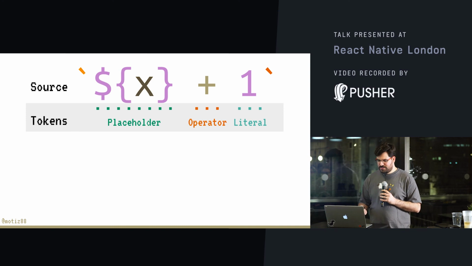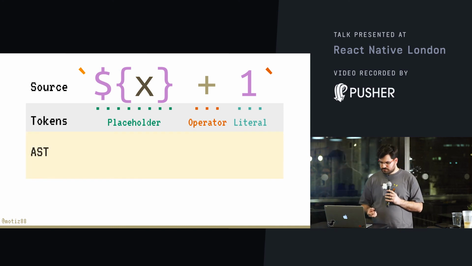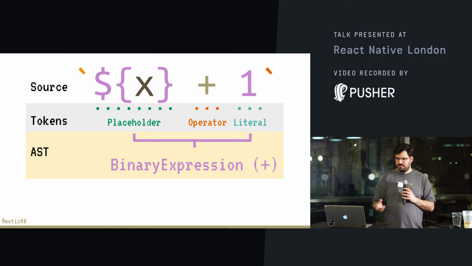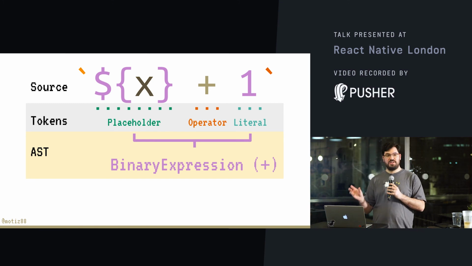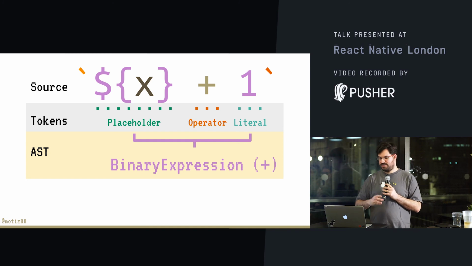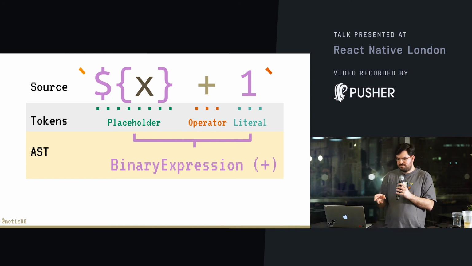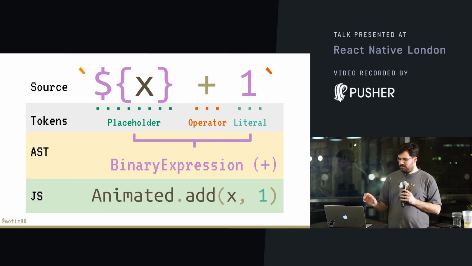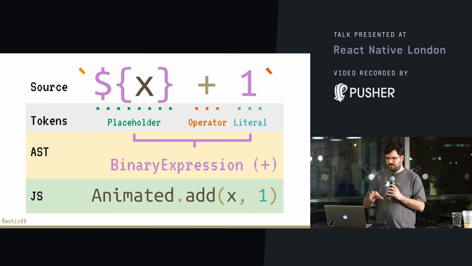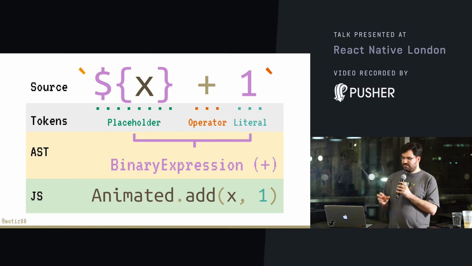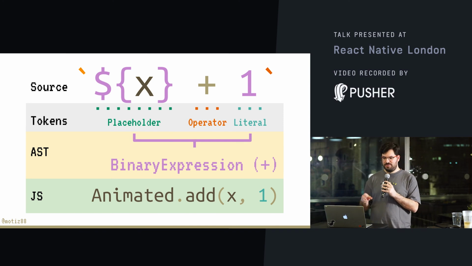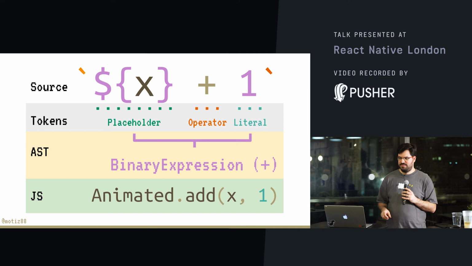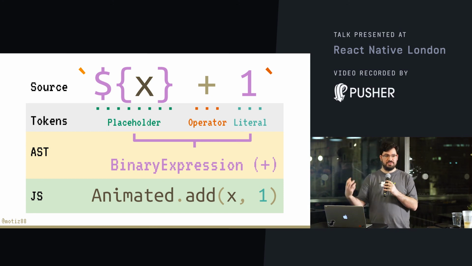Having extracted that representation from the source, we apply a rule that can detect that this is a binary expression with the plus operator, which has a placeholder as its left-hand side and a literal as its right-hand side. So it's a tree. It's a small tree, but it's a tree. And then that immediately translates to the equivalent JavaScript, which is add x and 1. So we can see all of the nodes in the tree are represented, just embedded in a new structure, in a new format.